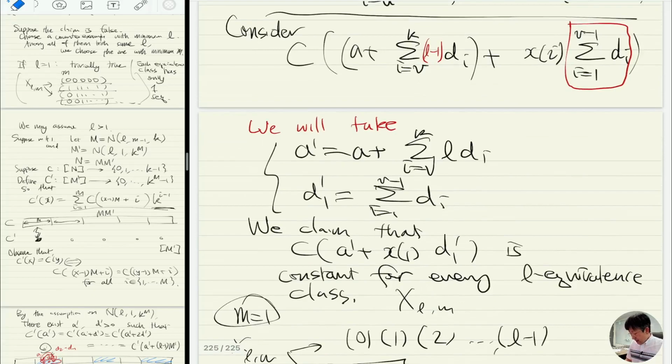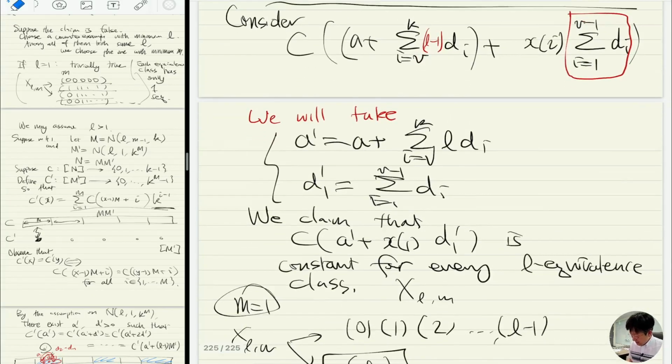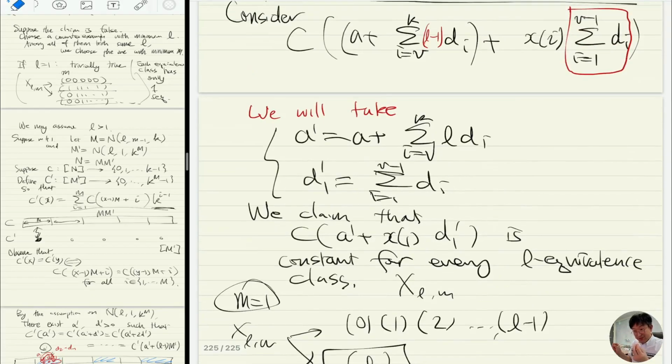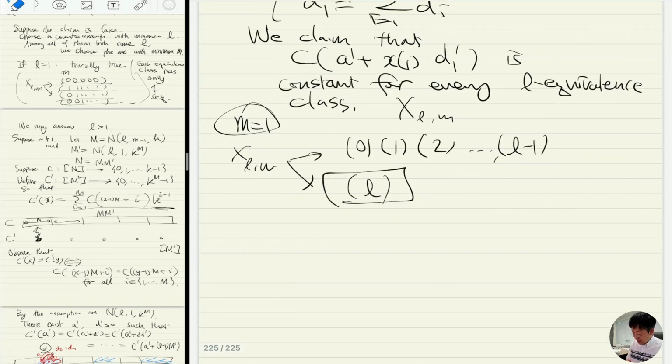Okay, now when I take, for instance, this value, what we can do is, I'm thinking of a sequence in the previous case where I put 2, 2, 2, 2, 2 and L minus 1, L minus 1, L minus 1, right? Okay, right, we are looking at the color, right?